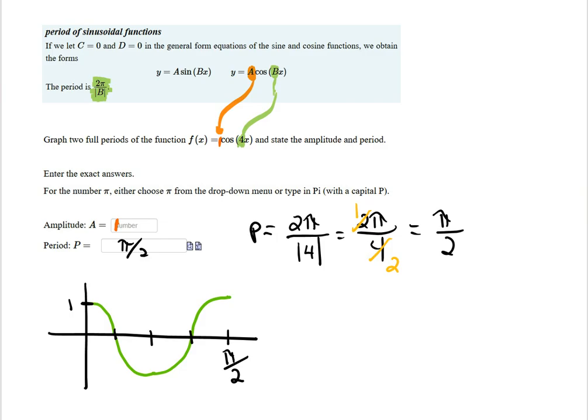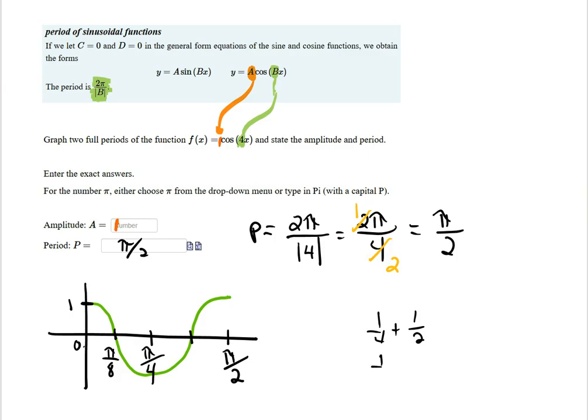And halfway between 0 and pi over 2 is pi over 4, and halfway between 0 and pi over 4 would be pi over 8, and then halfway between pi over 4 and pi over 2 would be, let's see, 1/4 plus 1/2.